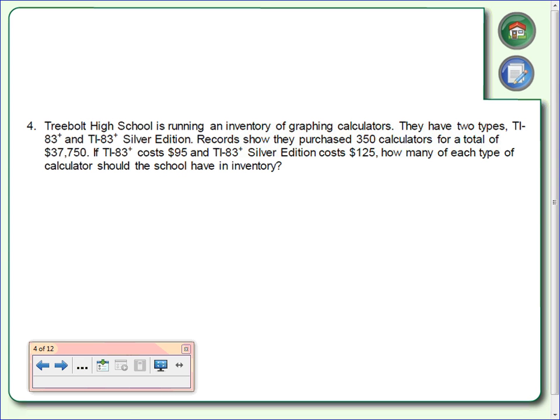So we need 2 variables. We need a variable to represent the TI-83 Plus, and we need another variable to represent the TI-83 Plus Silver Edition. S, another one T. All right, so we're going to use S. There's nothing wrong with S. And what is S going to stand for? Silver Edition. And that's going to represent the number of Silver Edition.